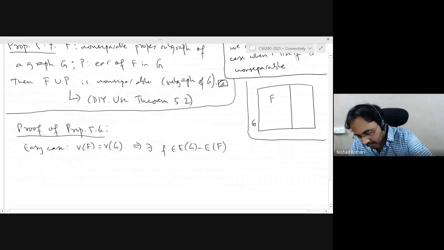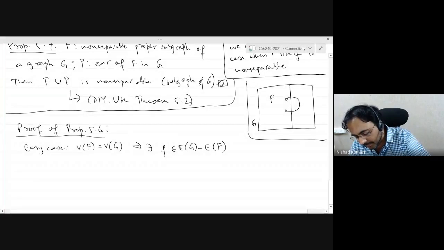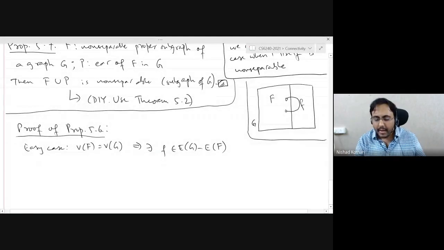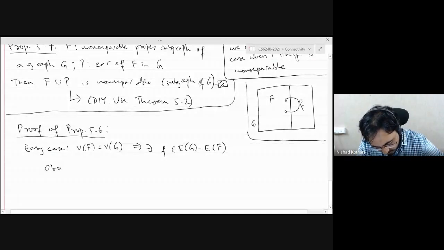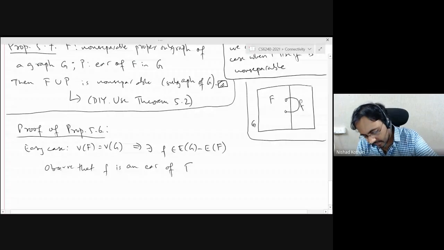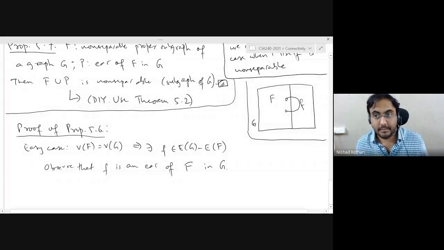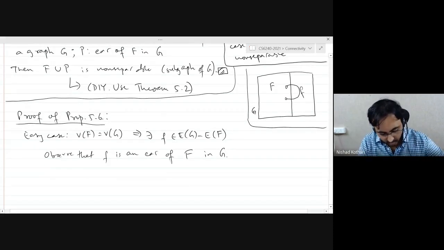You have F and you now have an edge in the graph G which is not already present in F. Okay, and this is an ear of F in G. Observe that e is an ear of the subgraph F in the graph G by definition. It is a path, a single edge, with both ends in the subgraph, but the edge itself is not in the subgraph, and that is an ear. Okay, so that was the easy case. Now the not so easy case.